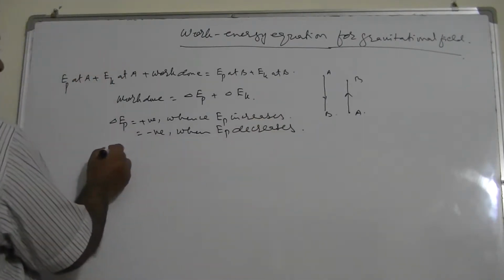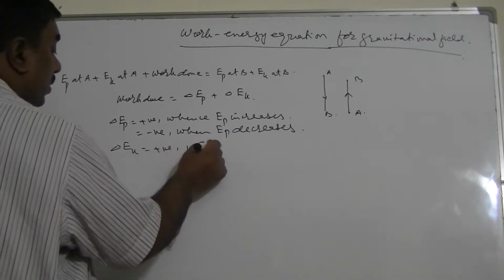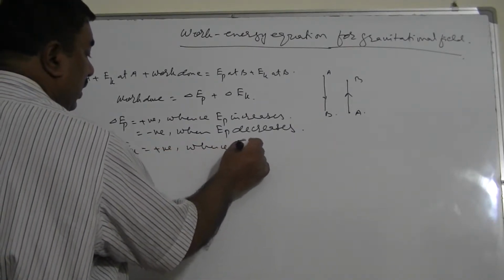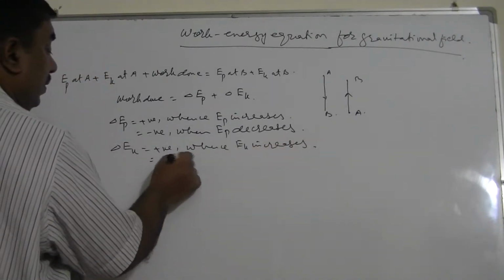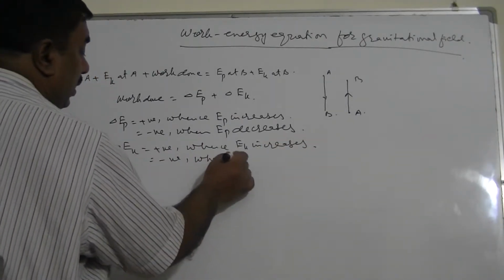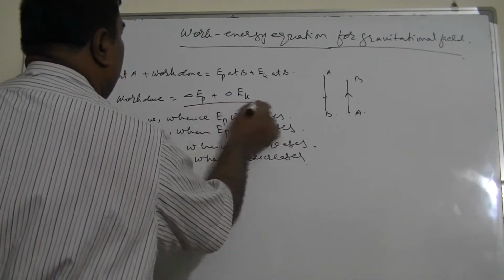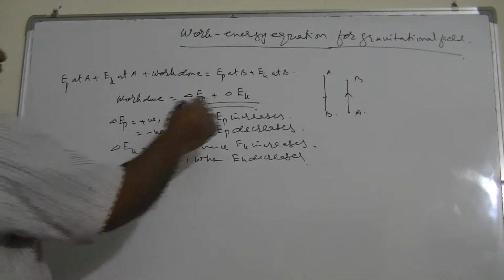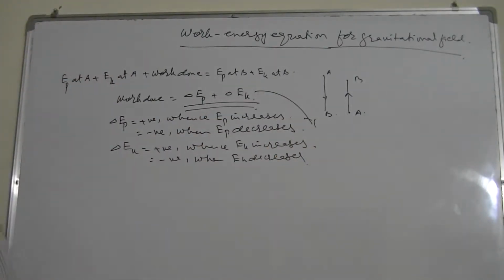Similarly, delta EK will be positive when EK increases, and negative when EK decreases. While applying this equation, care must be taken. You have to take the proper signs for both. If it is positive, take positive. If it's negative, take negative.